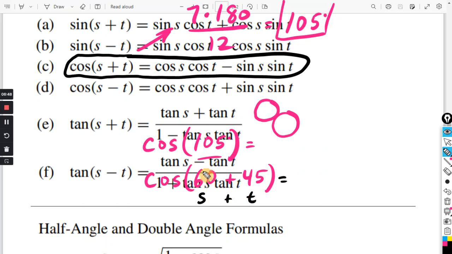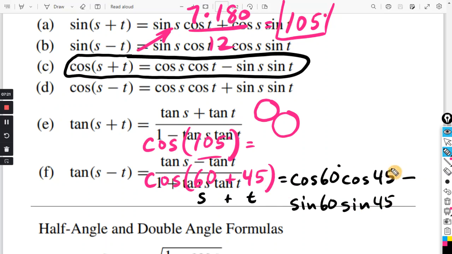All right, cosine of 60 times the cosine of 45, I'm sorry, that's actually a minus, not plus, sine of s, so sine of 60, and sine of t, sine of 45.